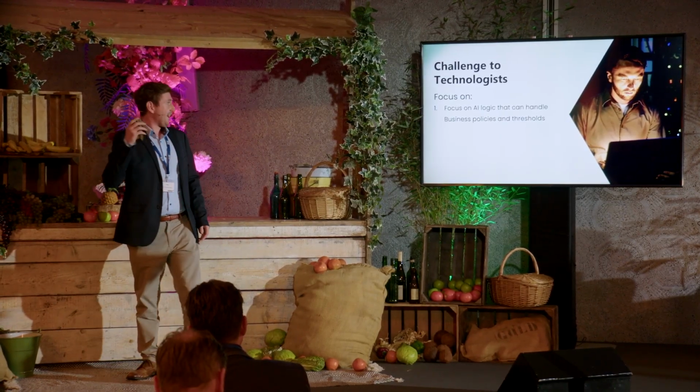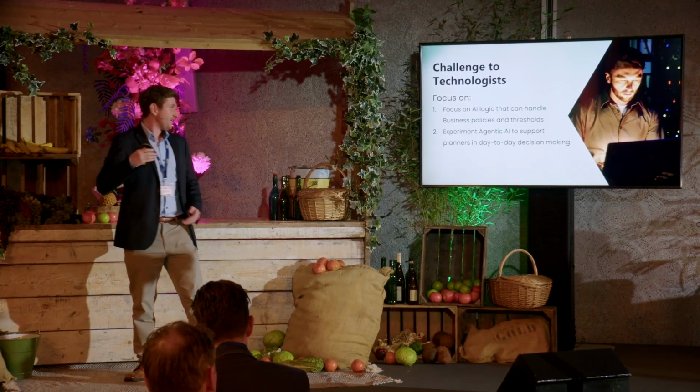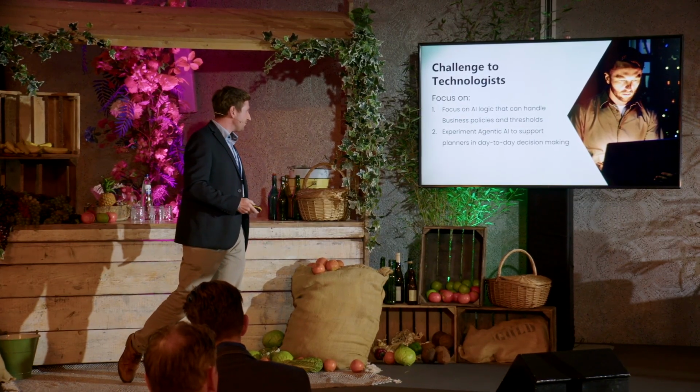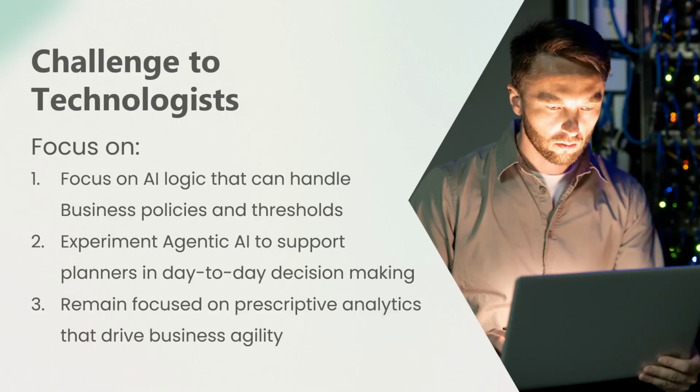Focus on AI logic that can handle the policies and thresholds. This is the context. Allow that context to be provided in the systems, and then continue to experiment with AI agents that allow day-to-day decision-making to be enabled. And then remember, prescriptive analytics is the information that prescribes solutions that give us the agility to be able to make quick decisions, deploy new scenarios, and put the business on a different heading.